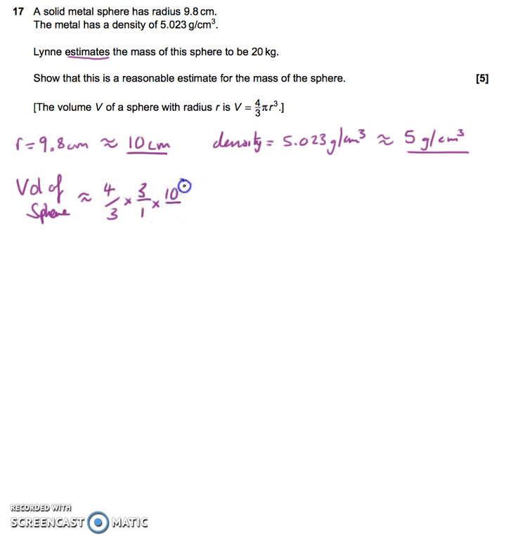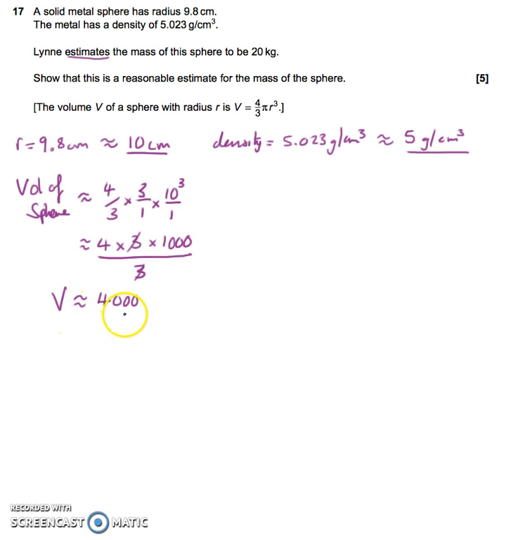So the volume is 4 times 3 times 1,000, because 10 cubed is 1,000, over 3. We can just cancel the 3s out there. So 4 times 1,000 is 4,000, and that's the volume of the sphere.